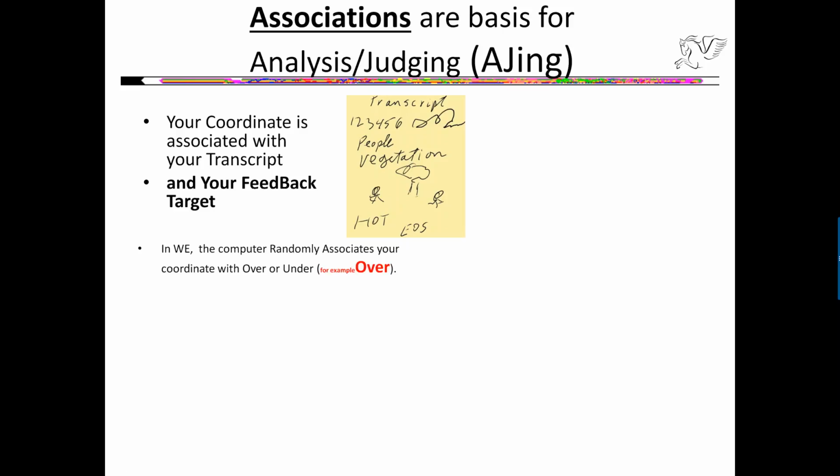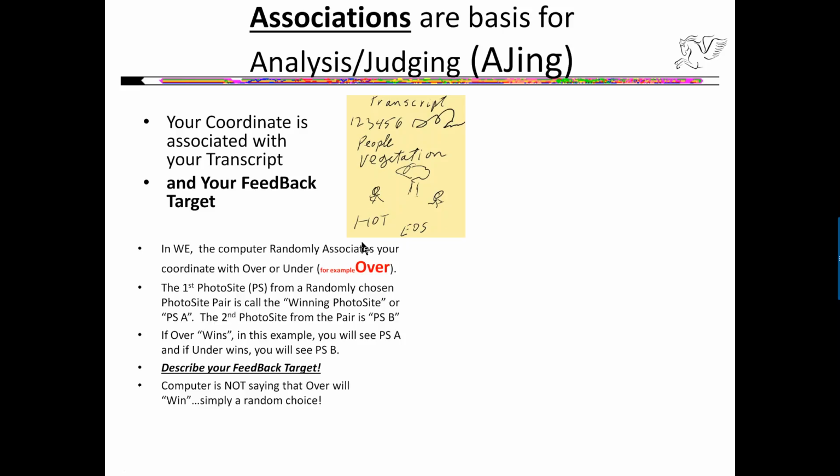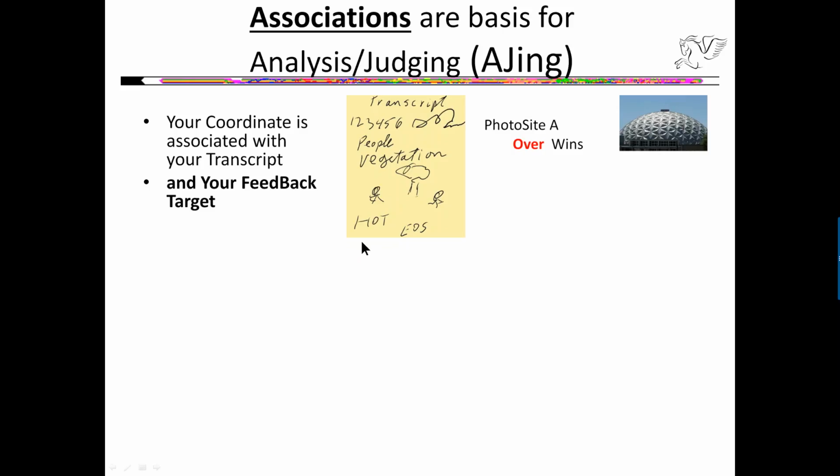We've already done this part. Now, let's look at what happens here. Here's an example. Photo site A, in our example, you would get shown if over, in fact, wins. That's just our example. Let's say this is what photo site A is.